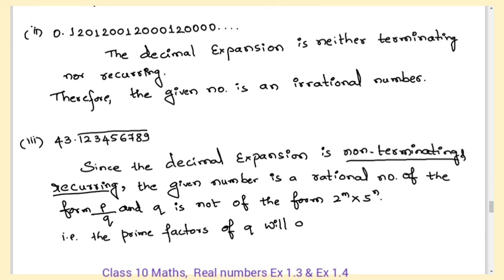That is, the prime factors of Q will also have a factor other than 2 or 5.